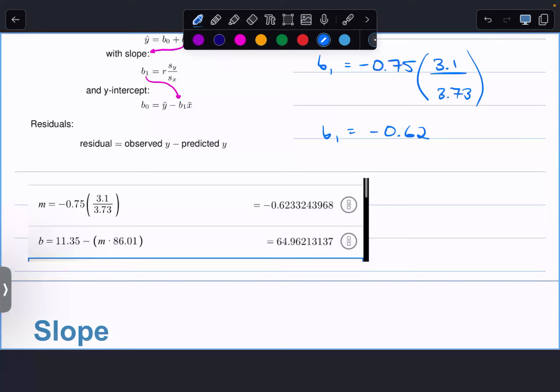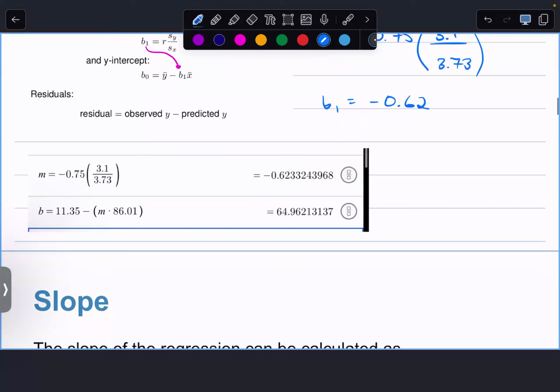Okay. I'll just round to 2 decimal places here. I want you to try to keep all your decimal places until the end. But like I said, when I'm marking your work, I will follow through, right? So you'll get a slightly different answer if you use the rounded value of the slope when you calculate the intercept, right? Versus keeping all the values, which is what I did.